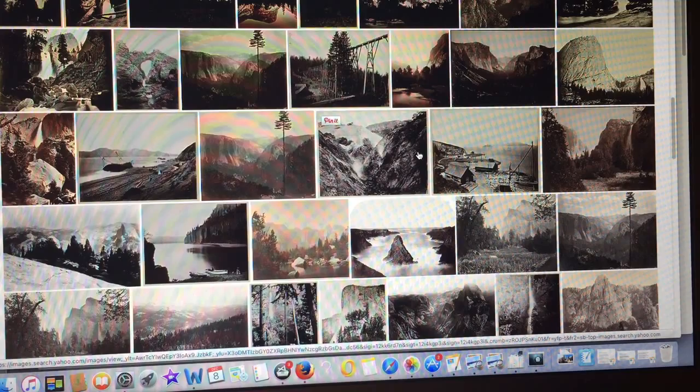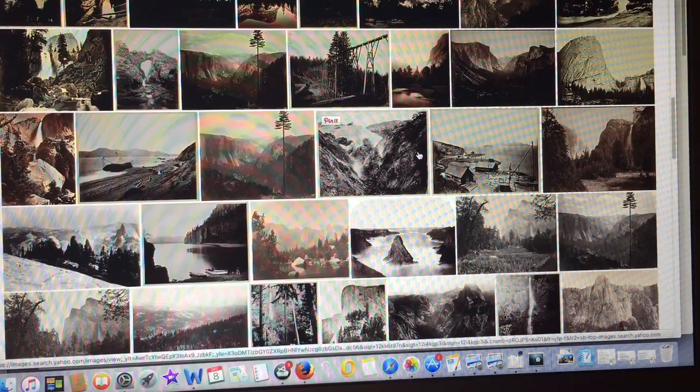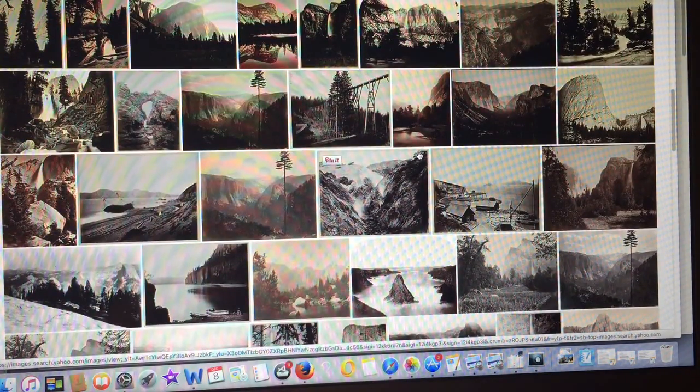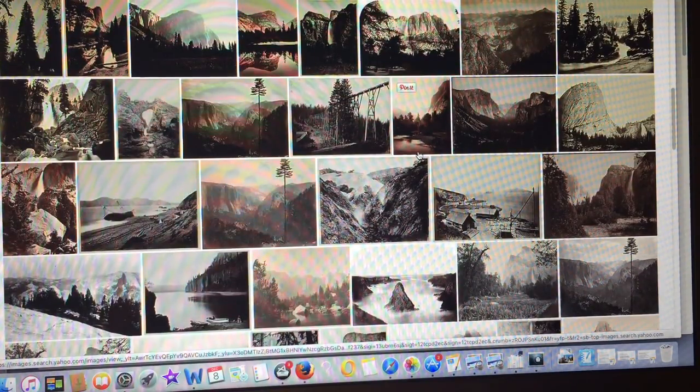I remember because this photographer was quite influential. He was born in New York and moved to California and became fascinated, especially with Yosemite, and he started to take a lot of pictures.